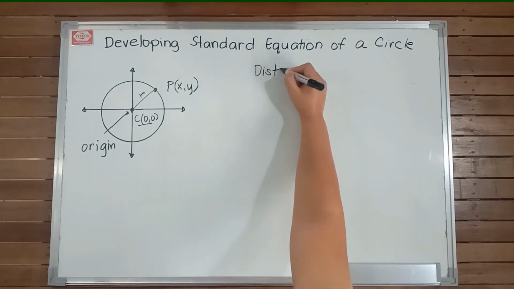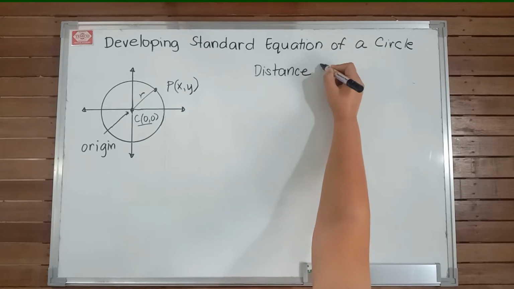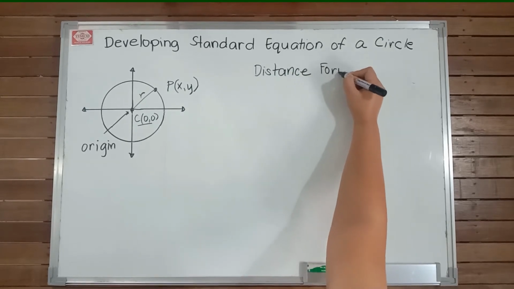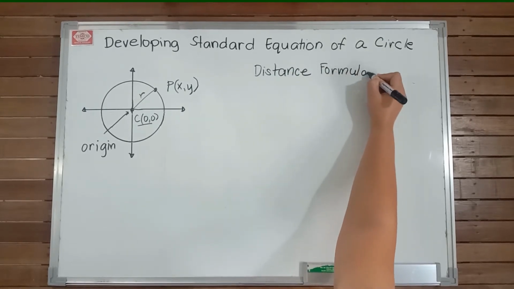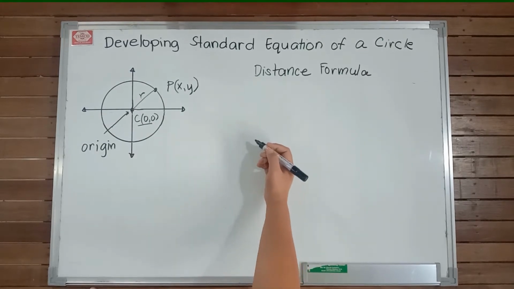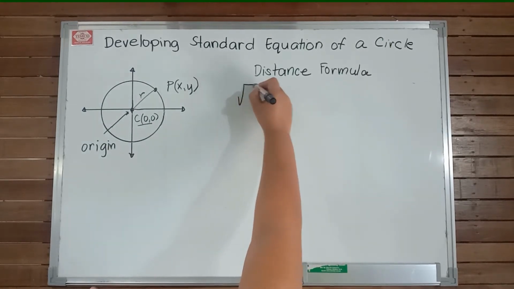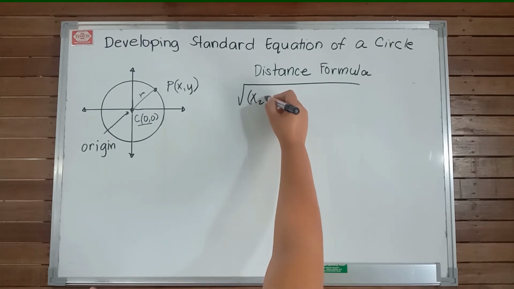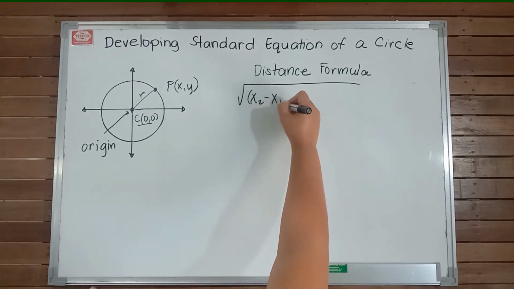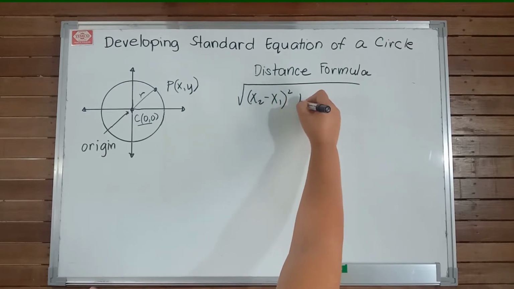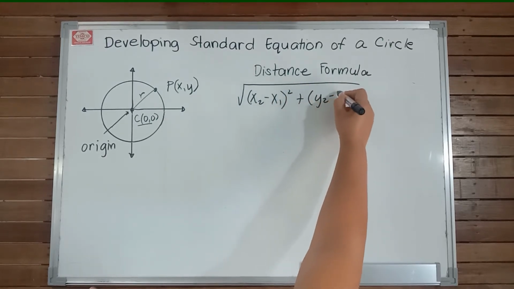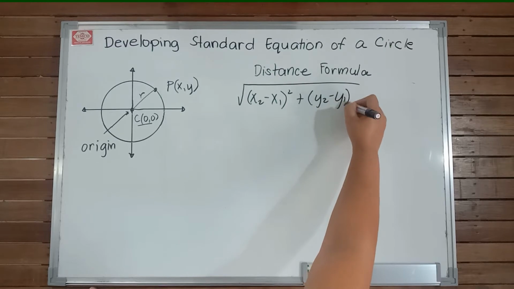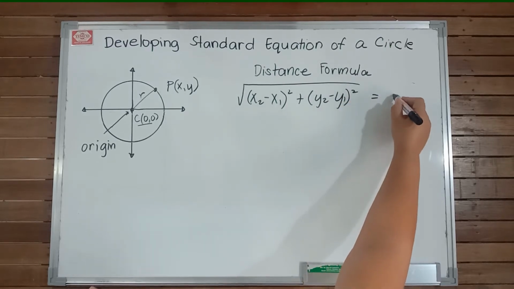Using the distance formula, the square root of x of 2 minus x of 1 squared plus y of 2 minus y of 1 squared equals d.